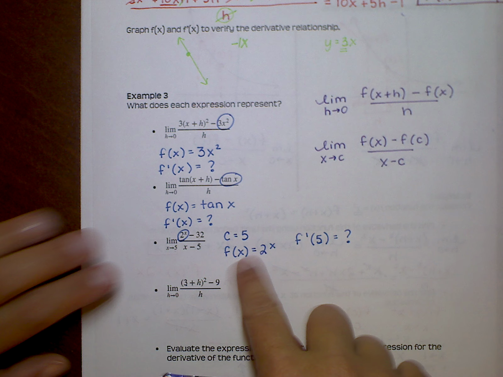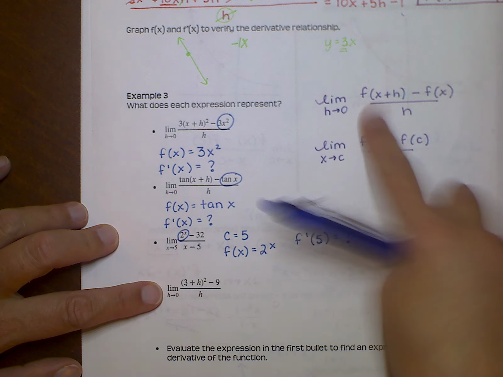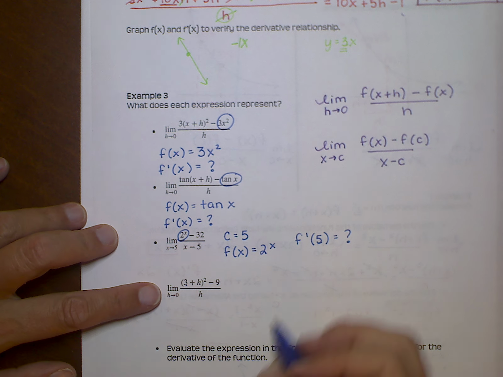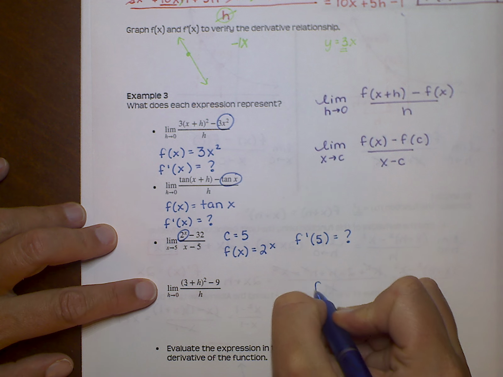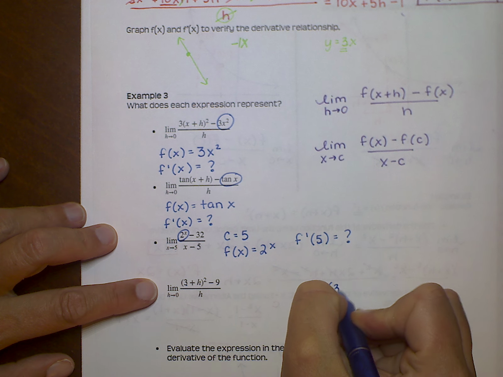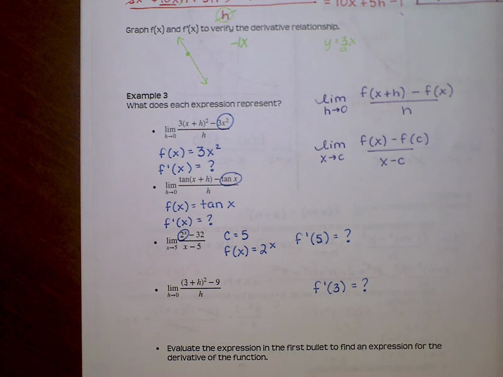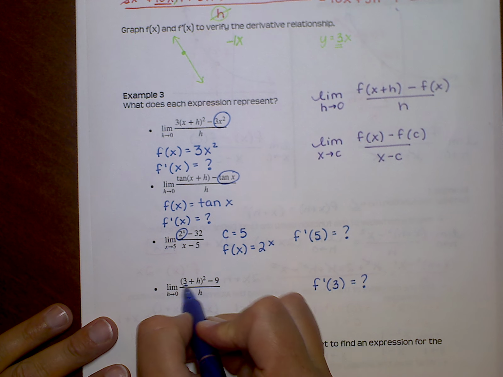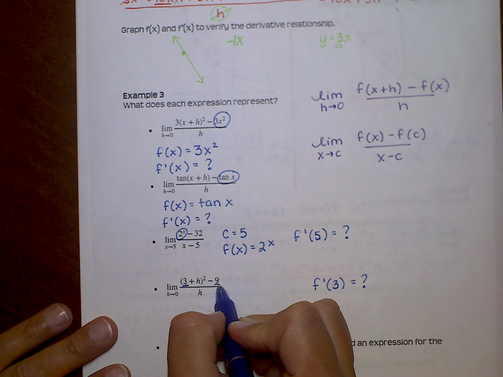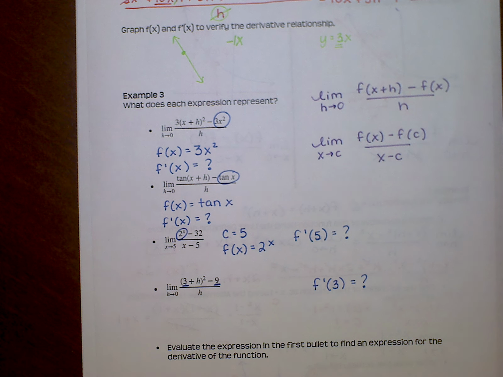And what's happening here, similar to this one, except it's in this first form, is this is asking you very specifically for a derivative at a number. It's asking you for the derivative at 3, okay? And that's why we have the 3 plugged in here, and really we have the 3 plugged in here. You just might not recognize that yet.